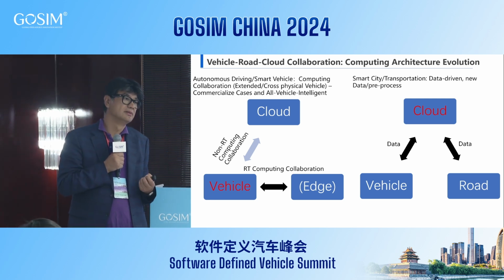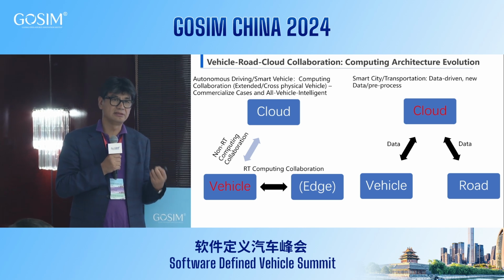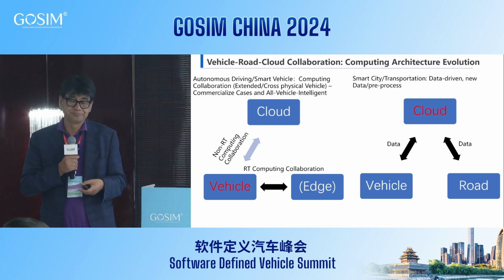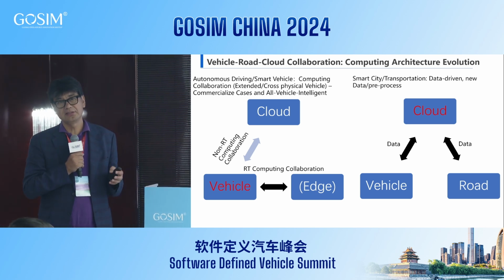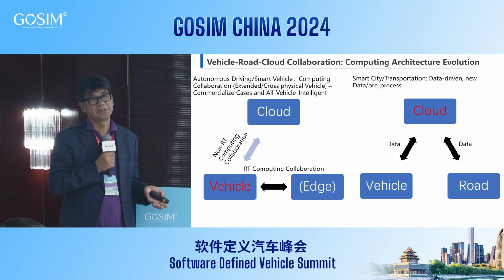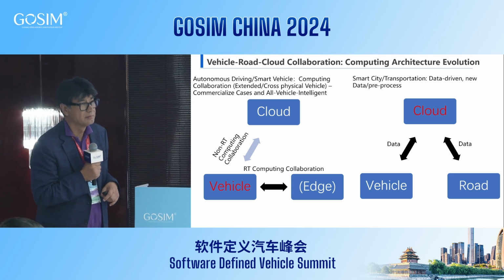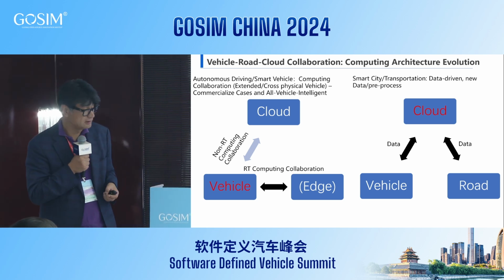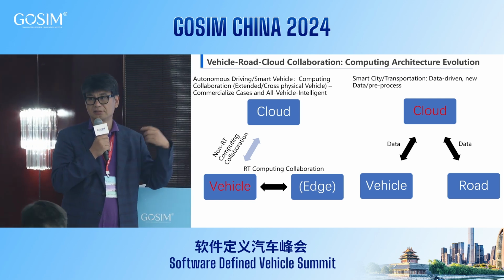But remember the key thing that global OEMs need. We don't want to have fully intelligent functionality which only applies to high-end vehicles, which only apply to vehicles priced at maybe $50,000 or more.